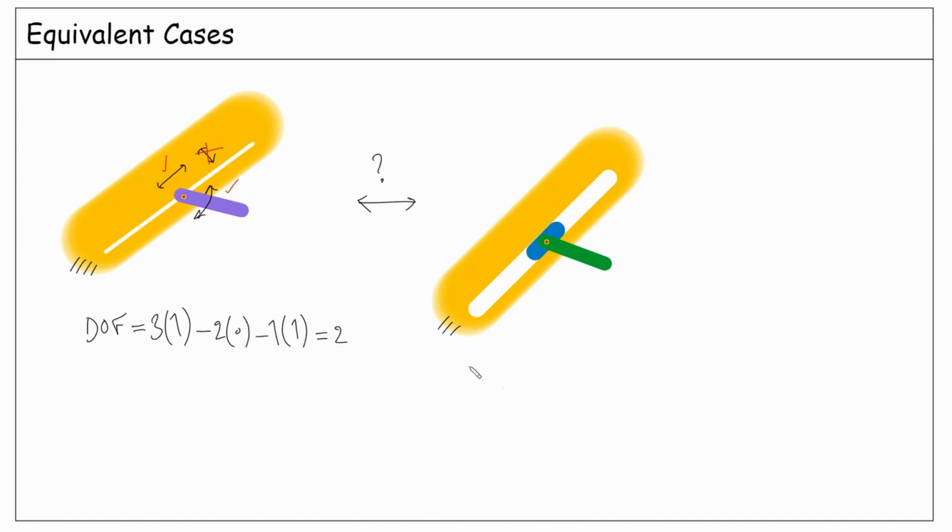For the second system, the degrees of freedom is 3 times 2 moving bodies, minus 2 times J1, which is 2, minus 1 times J2, which is 0. Therefore, the degrees of freedom is 2, which demonstrates that the two systems are equivalent in terms of the degrees of freedom. Sometimes we might use this simplification to eliminate the slider and replace a combination of a revolute and a prismatic joint by a single pin on a slot joint.